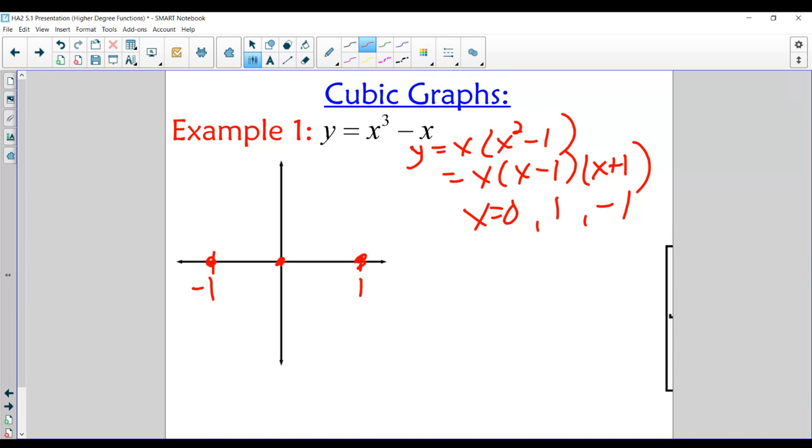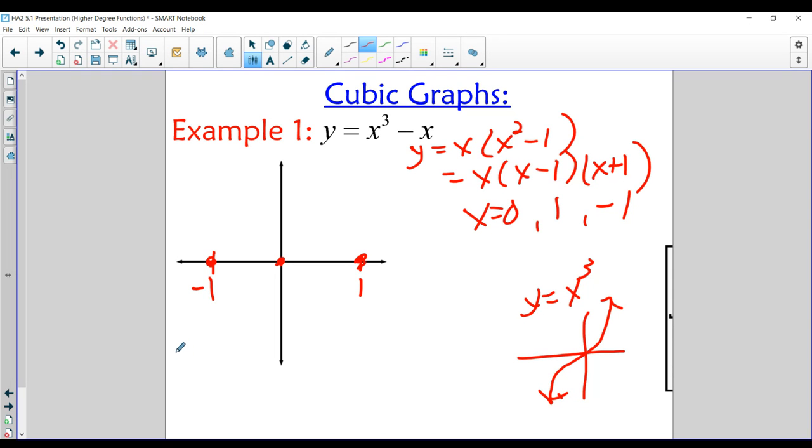All right, if I was just graphing plain old y is equal to x to the 3rd, that would be a quick sketch of the graph. So the ends start down here, end up here with a positive leading coefficient. So I'm going to use that idea here as well.